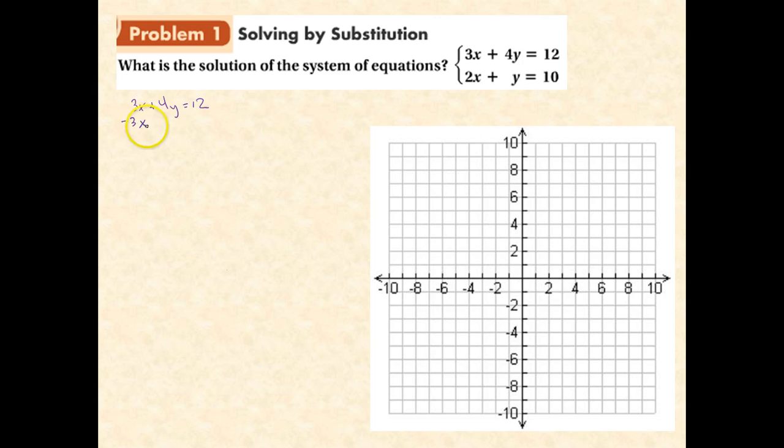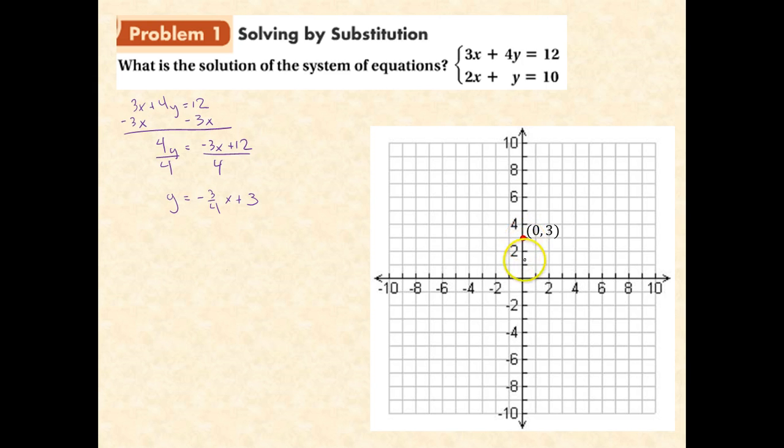I could subtract 3x from both sides, get my graph on. Negative 3x plus 12. Divide both sides by 4, and I get y equals negative 3/4 x plus 3. So my y-intercept is (0, 3).